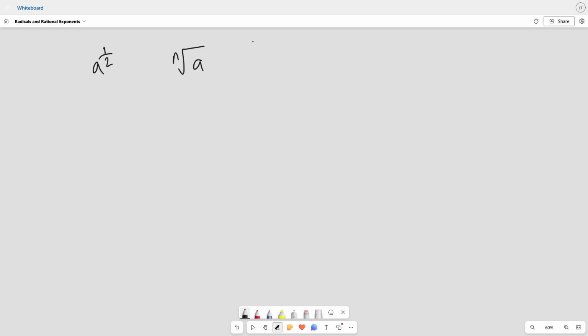So what does this look like? Say we have the 5th root of 7. So what's another way to write this? This is 7 to the 1/5 power. You can also think of it this way. So we have the nth root of a number to another exponent.